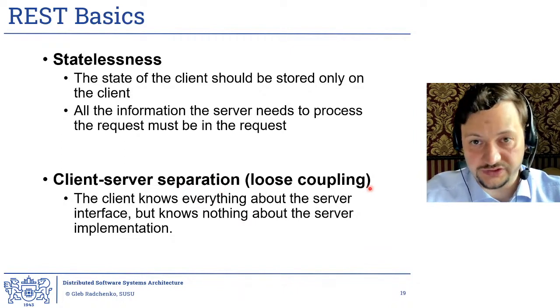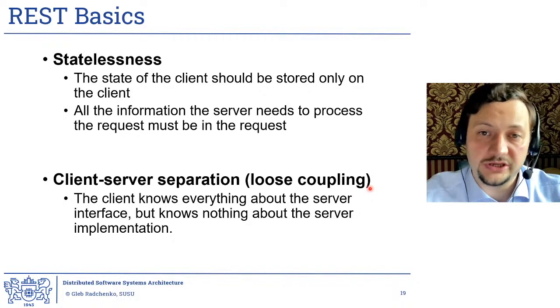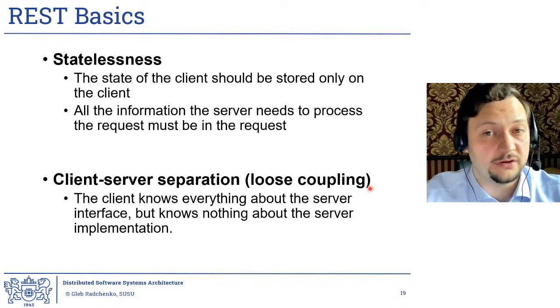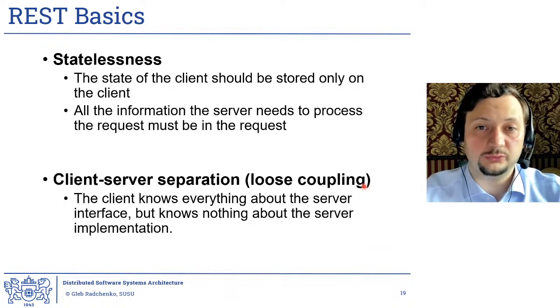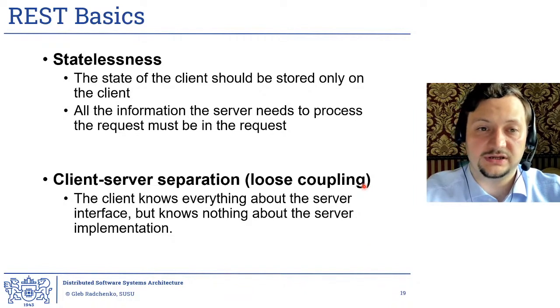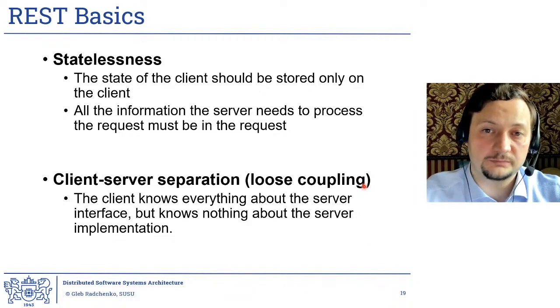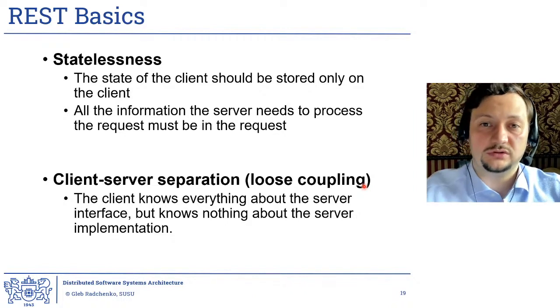Our REST services should provide widely available API, but they should provide no information about how this API is implemented inside. So if we develop a good REST API, that means that this API should provide no information about how it is implemented inside it. Do we use PHP?